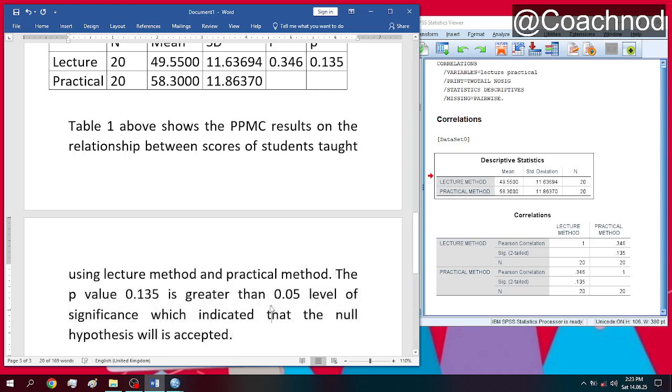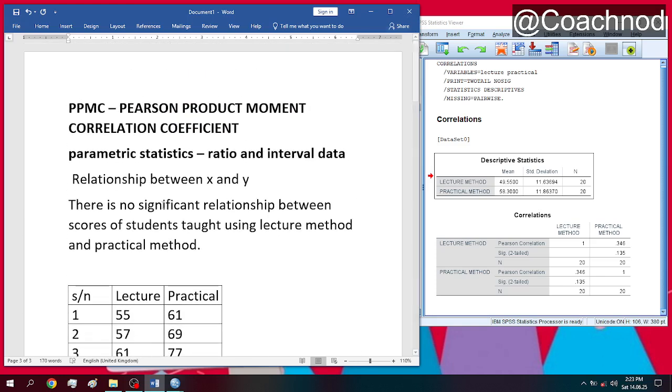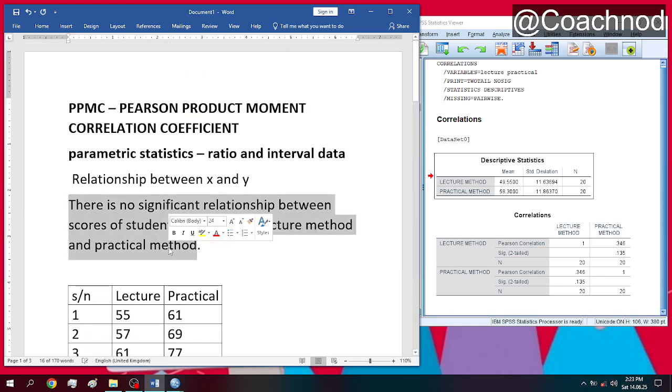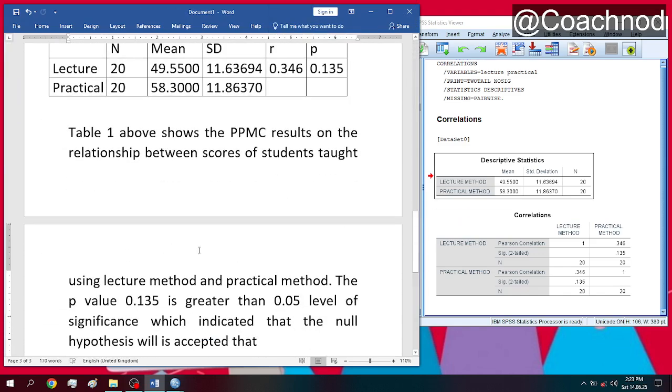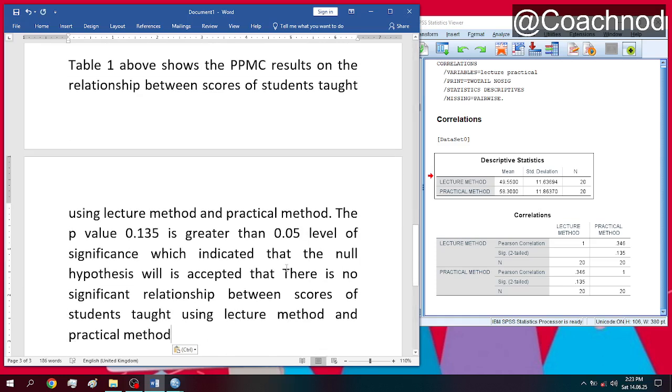Are we together? What was our null hypothesis? This is it. The null hypothesis is accepted.